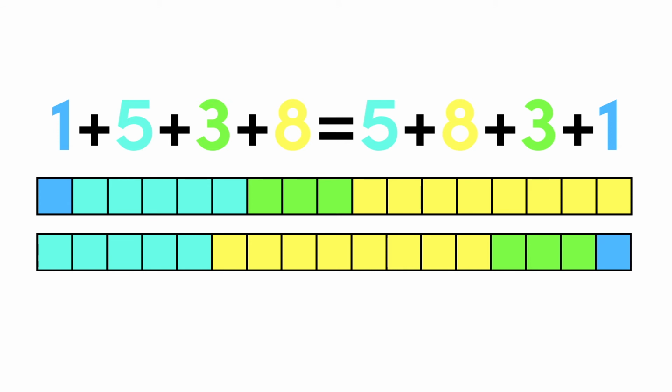And as you can see, these 2 rows of boxes are the same size, and if you count the boxes you will see that they contain the same number. So the commutative property of addition works with more than 2 numbers. In fact, it works with any number of numbers. The number of numbers doesn't matter, it will still work.